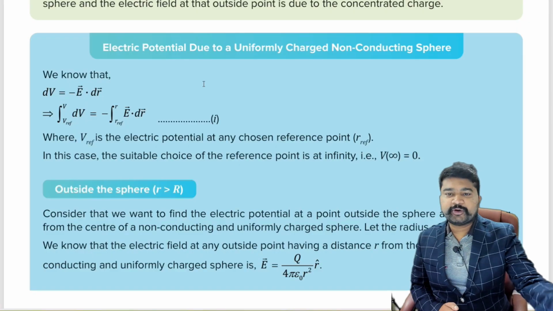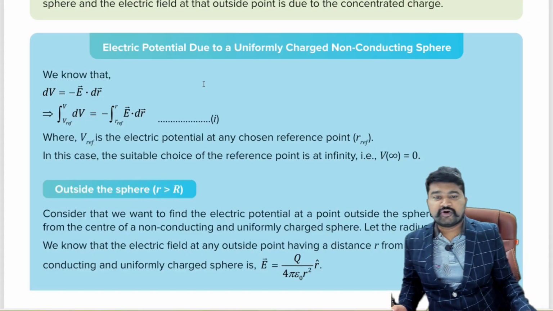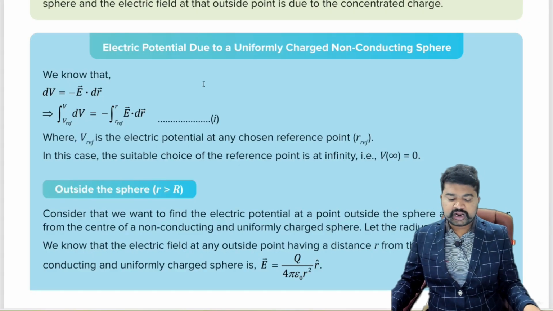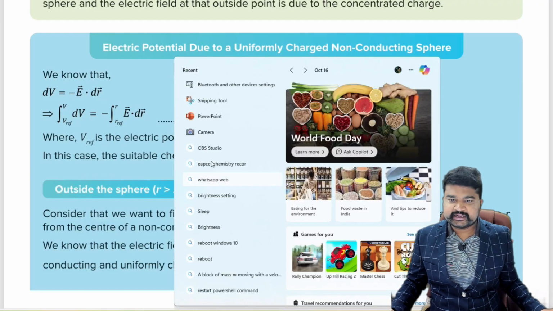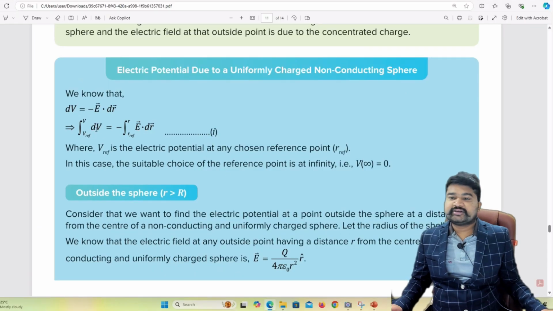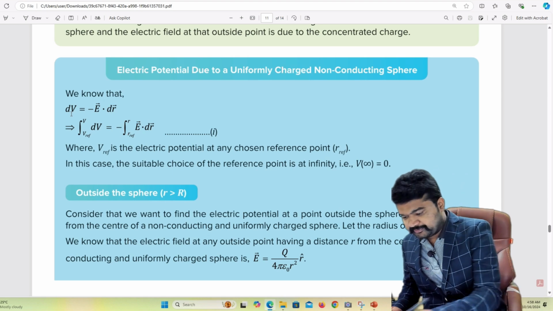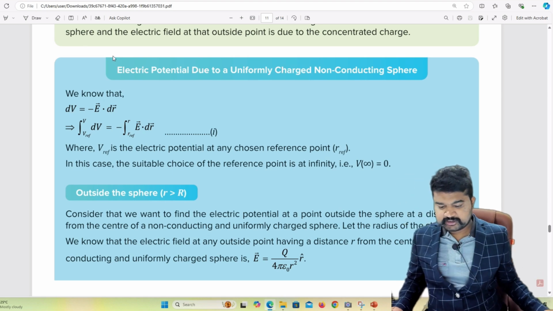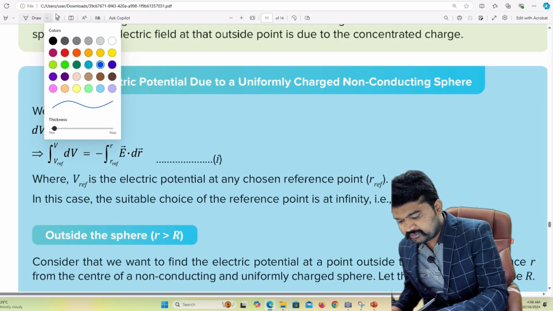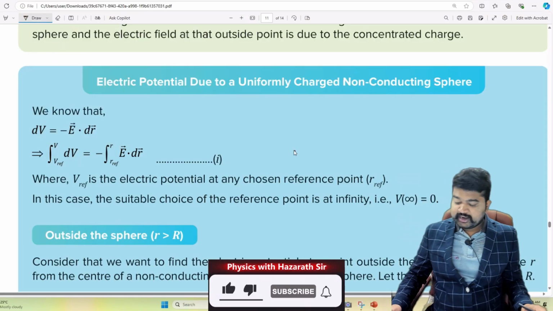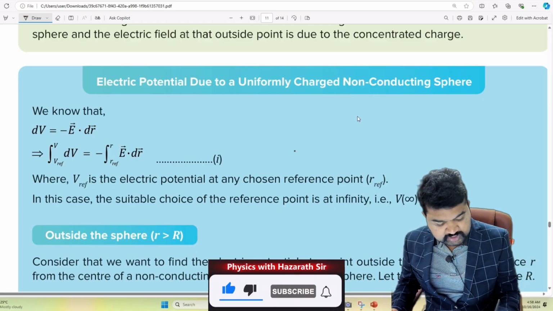Here, the electric potential due to a uniformly charged non-conducting sphere. First, we already know this equation, and we can extend it. Here, E bar is equivalent to what?